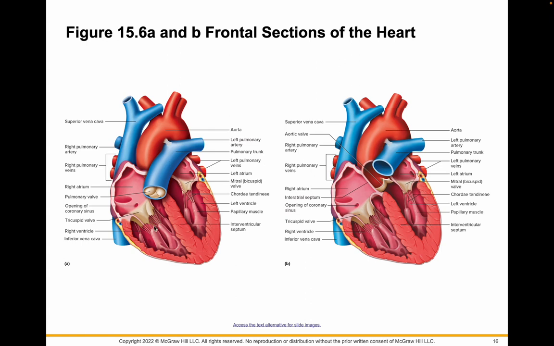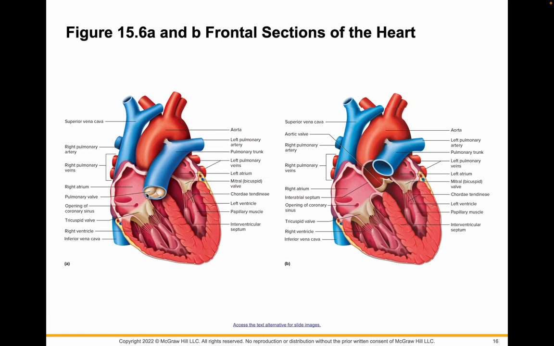And what is it going through? Another valve. So every time you have a squeeze, we're going through a valve. Atria squeeze, we're going through the tricuspid. Ventricle squeeze, we're going through the pulmonary valve. We're leading to the lungs, right? Because this is the right side of the heart.